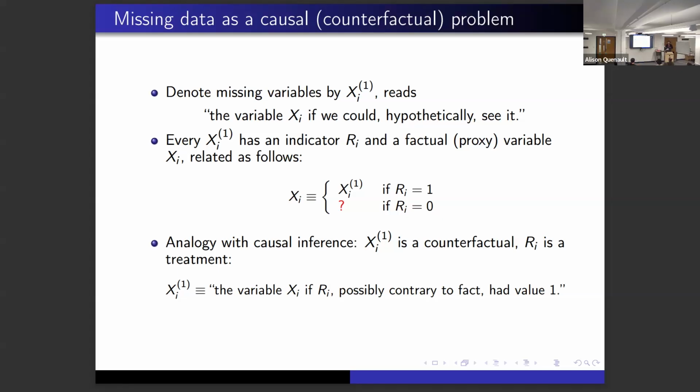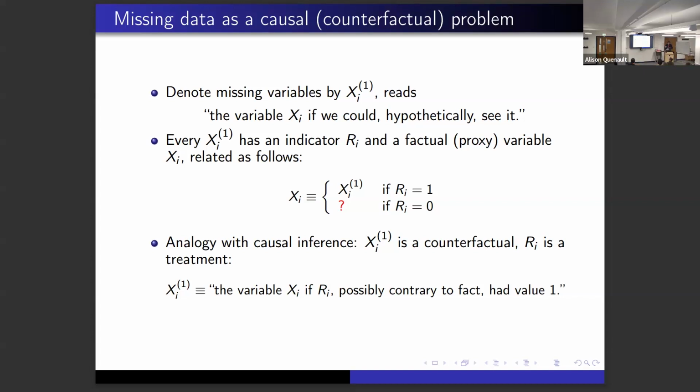Okay? So you could kind of think of the observed X_i as the observed outcome, the X_i(1) as the counterfactual outcome, and R_i as the treatment variable.